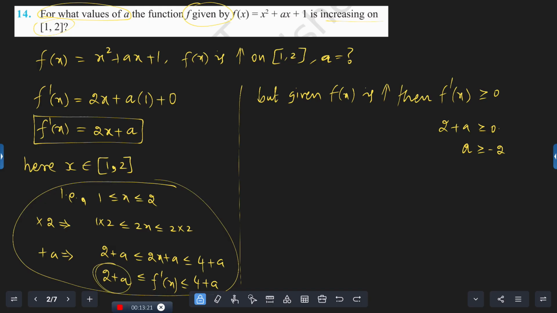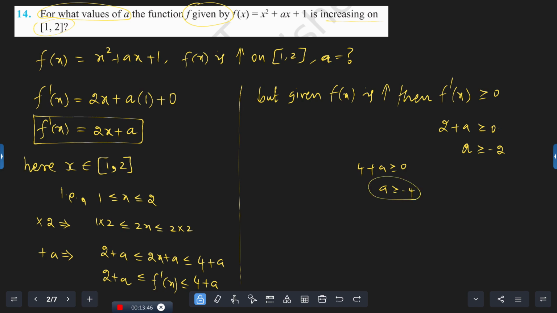Left side I got 2 + a, right side I have 4 + a. One side gives minus 2 and above. The other side, 4 + a ≥ 0, gives a ≥ -4, minus 4 and above. Listen carefully.